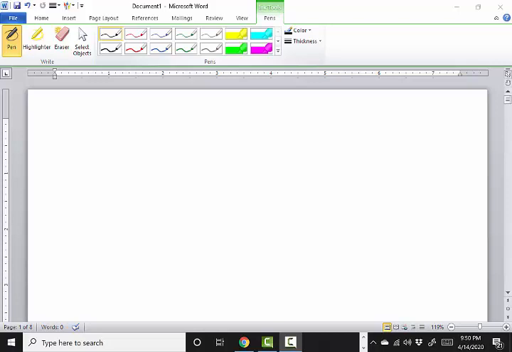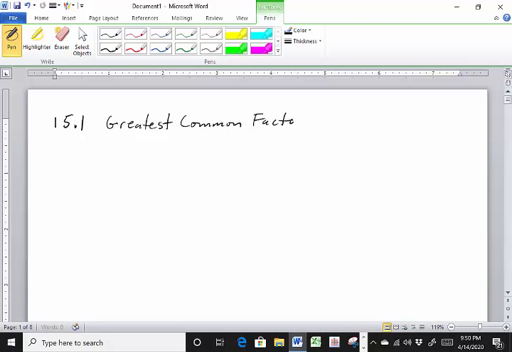So now we're going to get into something that's really, really important, and you really have to understand it: factoring. All right? So let's go ahead and start with section 5.1, which is on the greatest common factor and factoring by grouping.